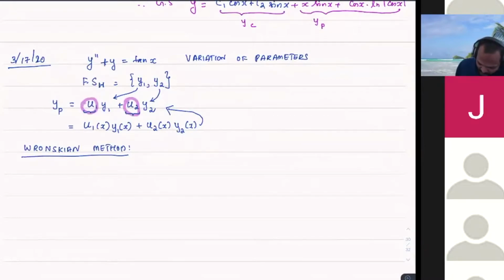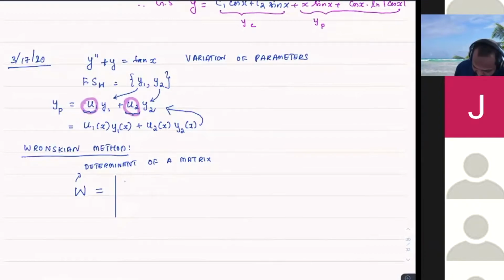I'm going to set a new thing, W. If you recollect your matrix from college algebra, this W is the determinant of a matrix. What do I mean by that? I'll show you in a moment. What would that matrix be?